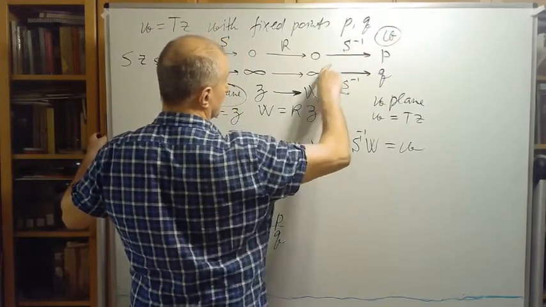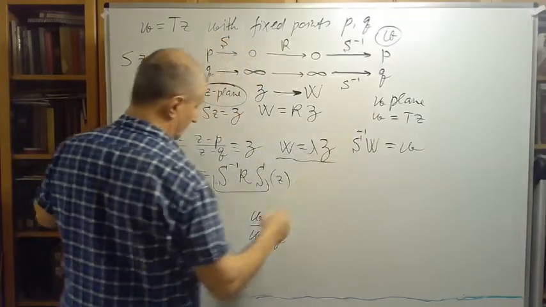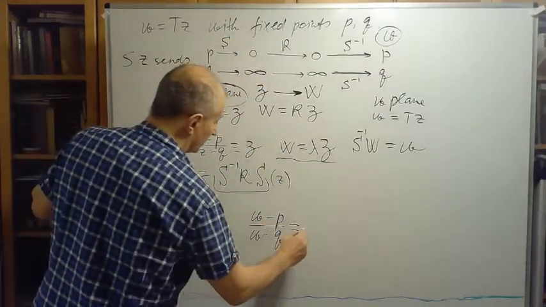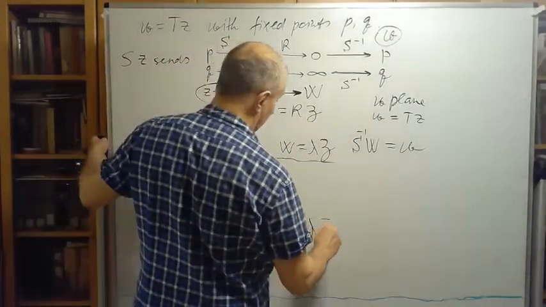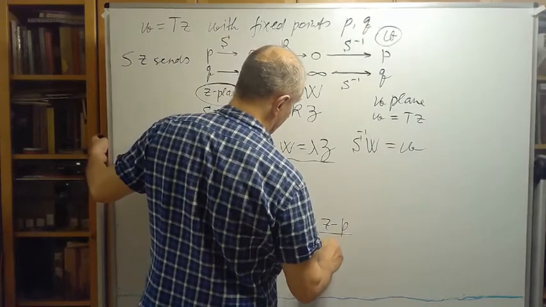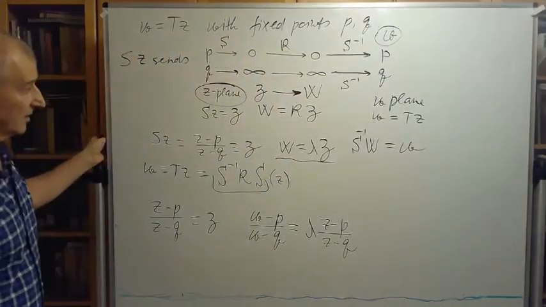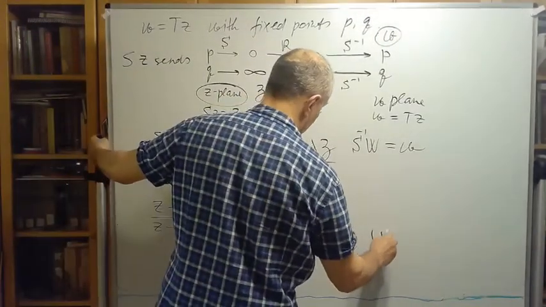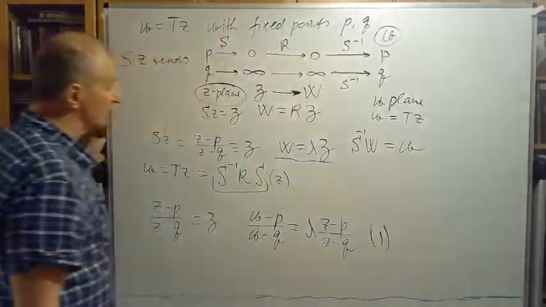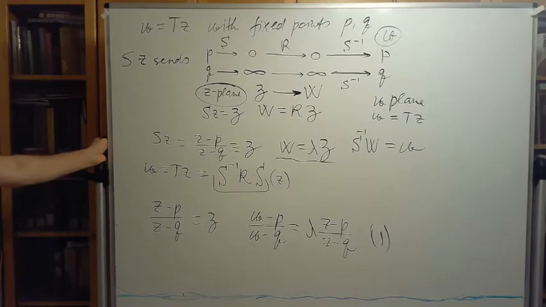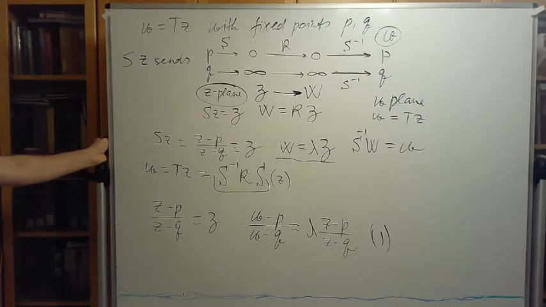So by S minus 1, we move it backwards, equals lambda Z minus P over Z minus Q. Let's make this formula number 1, and this is called the normal form of a Möbius transformation. And the whole question is about lambda.